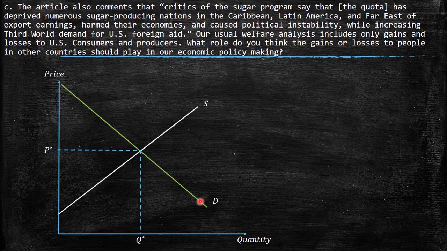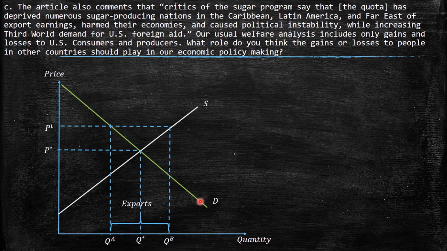So this is the world market. Given the new price, which is higher, this is the other side of the coin. So you have here the PT. This is the PT.